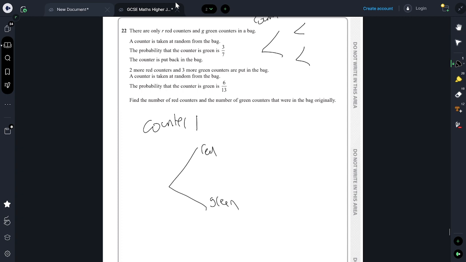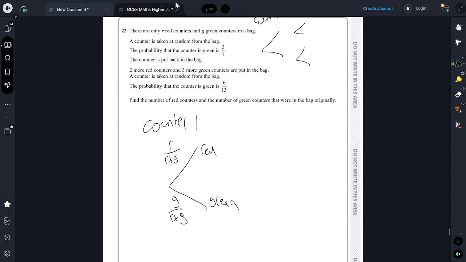So the probability of taking a red counter: there are R red counters, and in total it's R plus G, the total count in the first bag. And likewise with green, G green counters out of the combination of red and green.